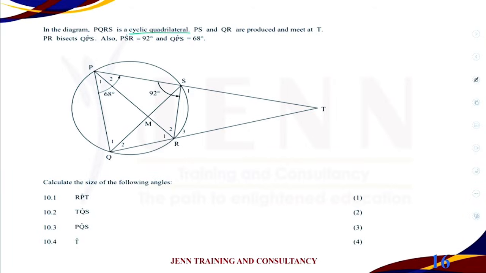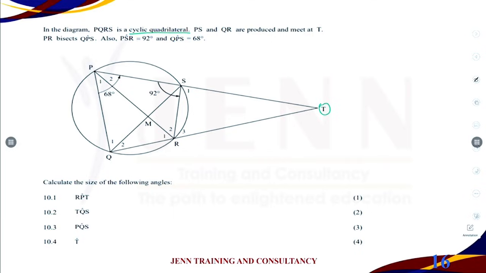Also you read the statement: PS and QR are produced and they meet at T. When something is produced, it simply means it is extended. So if you check, the line PS is extended to T, and the line QR is extended to T as well. So they are extended such that they meet at point T.